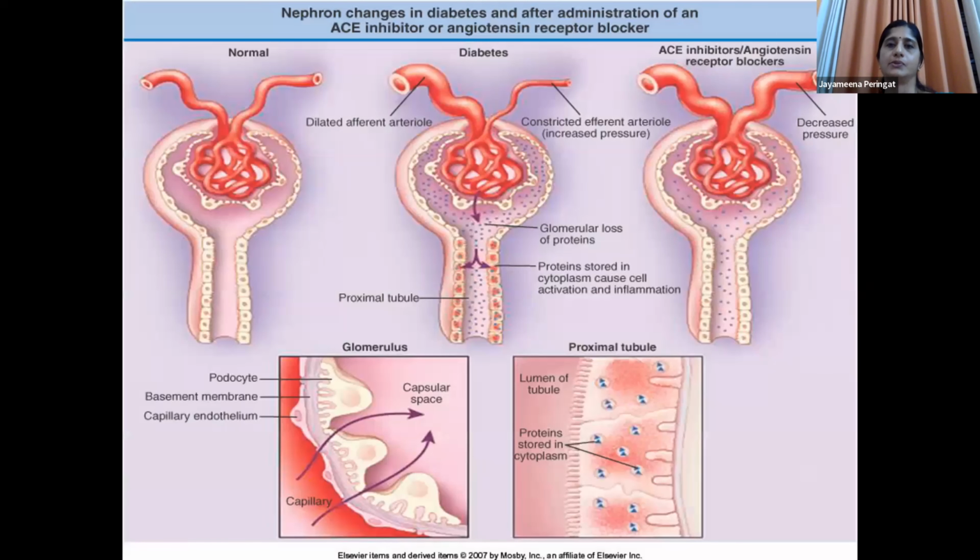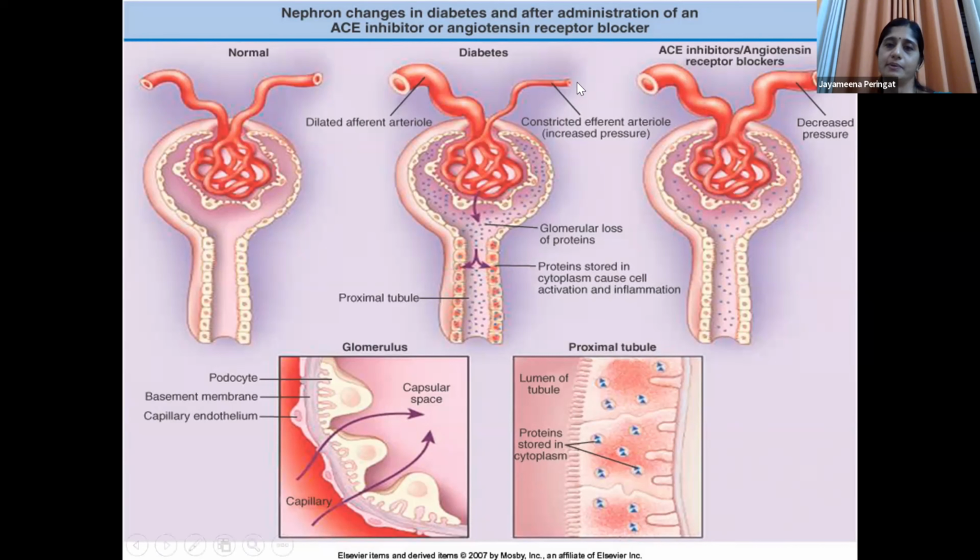So the problem in starting ACE inhibitors and ARBs is in people with renal artery stenosis. Basically, ARBs and ACE inhibitors dilate the constricted efferent arteriole. But in people with renal artery stenosis, the blood flow to the afferent arteriole itself is very much decreased. So the GFR is basically maintained by the constriction of the efferent arteriole.